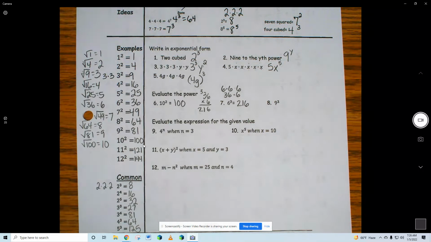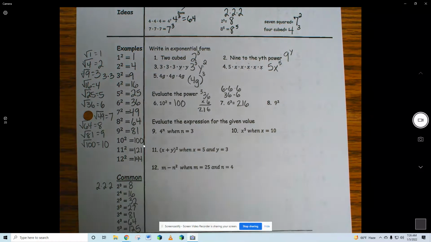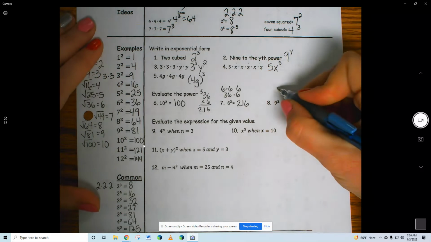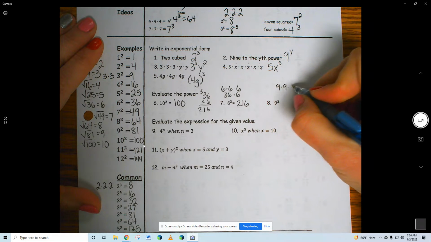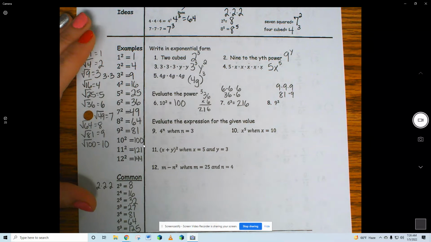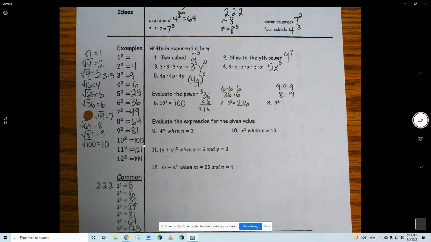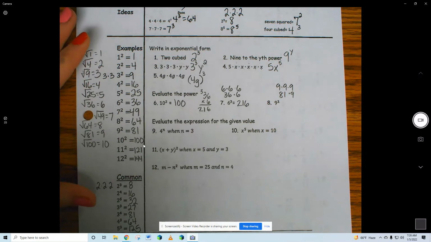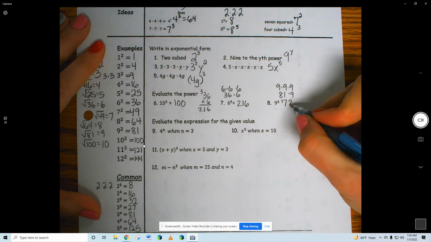Nine to the third. 9 times 9 times 9. Well, 9 times 9 is 81. Times 9 is what? 729.